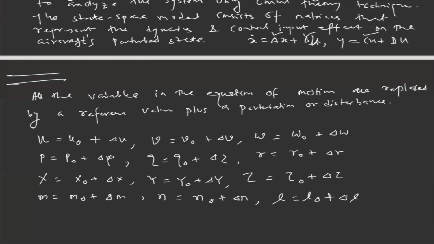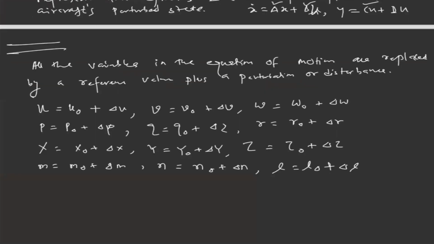And if you apply the perturbation to the angles phi, theta, psi, we can write theta equal to theta naught, the reference value, plus the perturbation part delta theta, and phi equal to phi naught plus delta phi, and psi equal to psi naught plus delta psi.